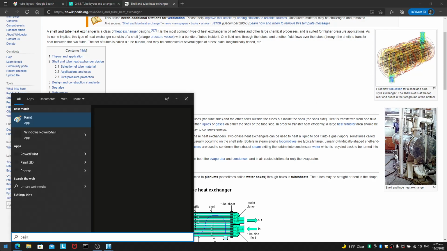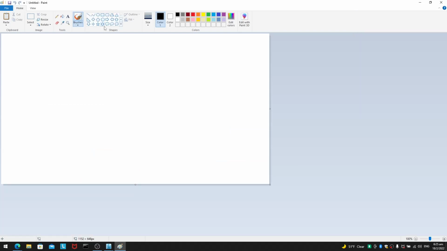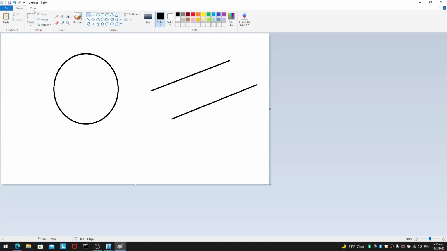Let me use Paint, I'm so sorry. Maybe Paint's a bit better. So this is the front section, and you can see things from a side view. Maybe the drawing will turn out really ugly, but okay.